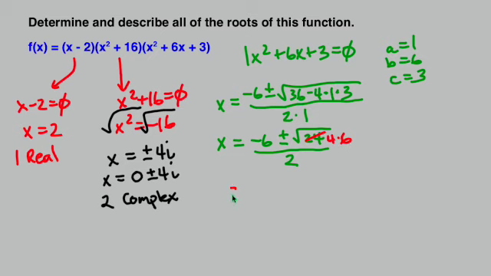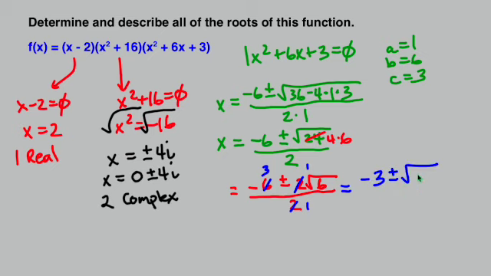So I can rewrite this as negative 6 plus or minus 2, keeping the square root of 6 inside. Then all the numbers not inside the square root are divisible by 2. When I do that, that's a 1, that's a 1, and that's a 3. So our final answer is negative 3 plus or minus the square root of 6.